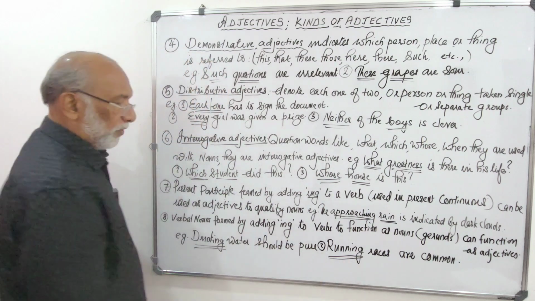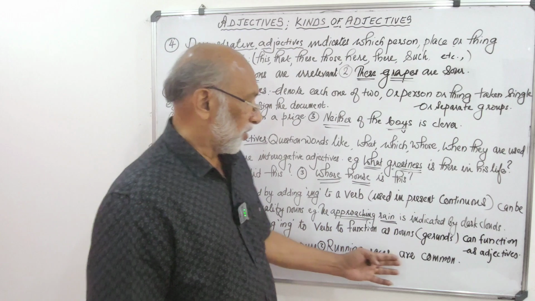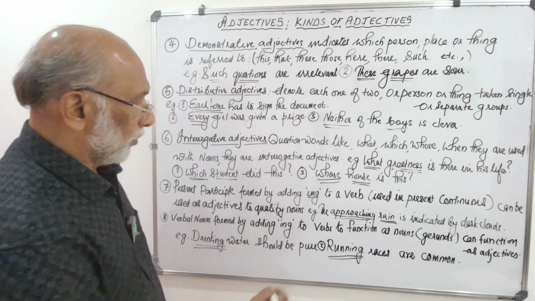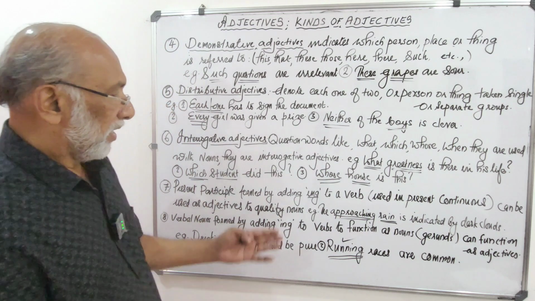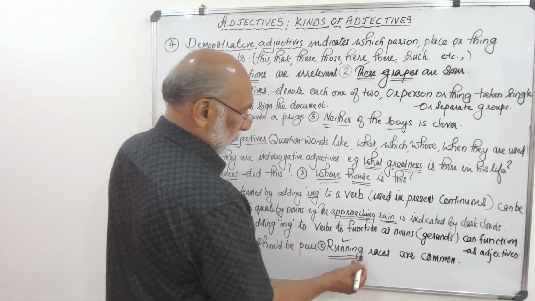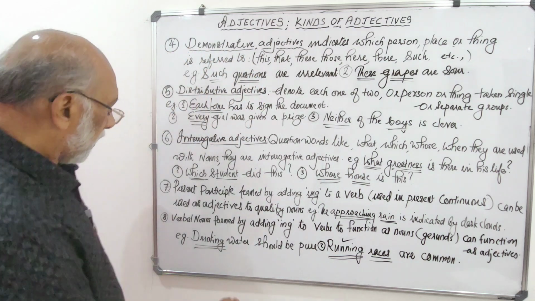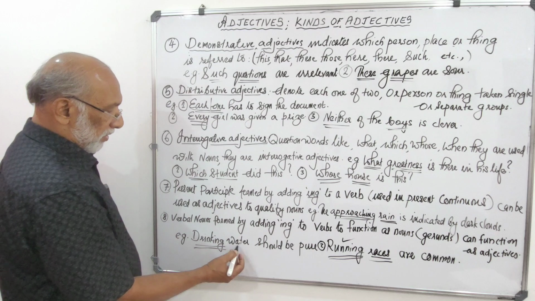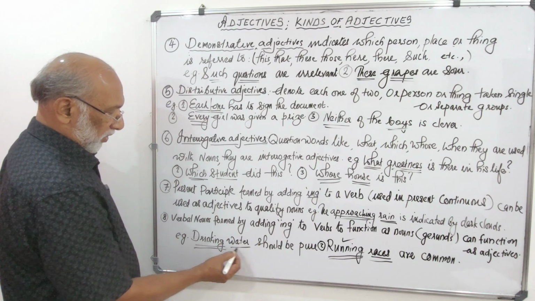Run is the base form of the verb. Ing is added. Running races are common. So here running is a gerund, but here it functions like an adjective. Here running qualifies the noun races, and in drinking water, drinking qualifies the noun water.